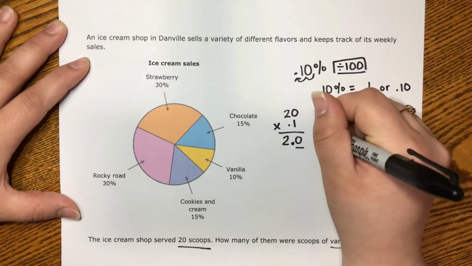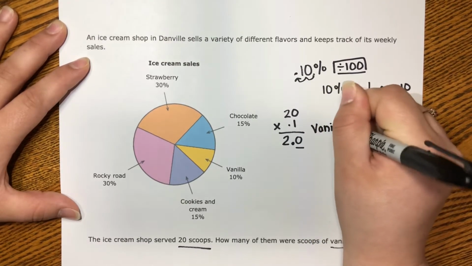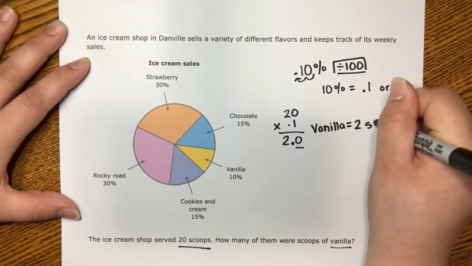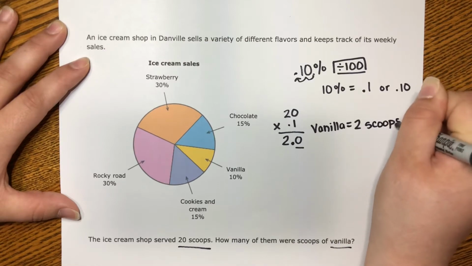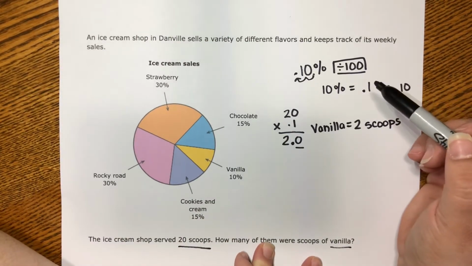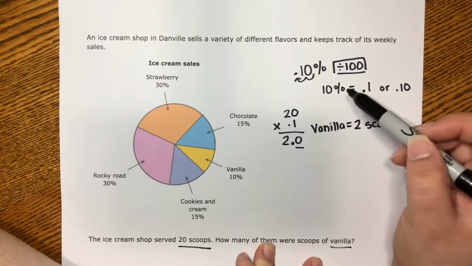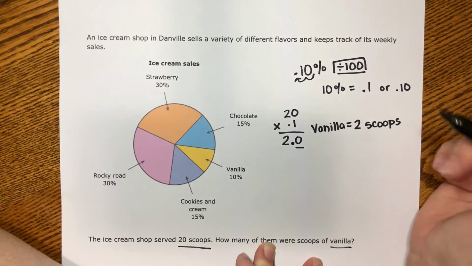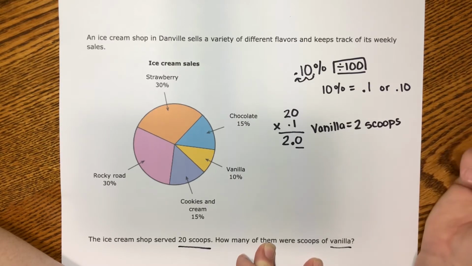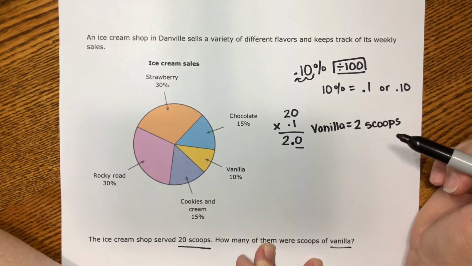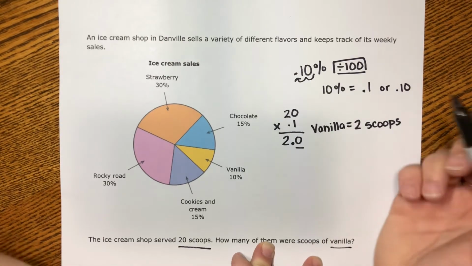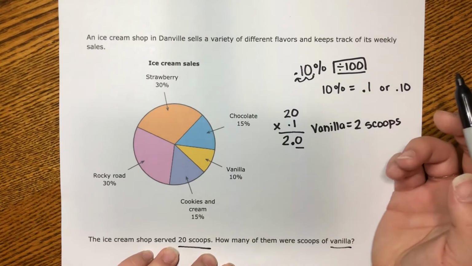So vanilla is 2 scoops. And when you're multiplying or dividing by tens, you just move the decimal over 1 place. Really, if we had that 20 and moved it over 1 place, 2.0.